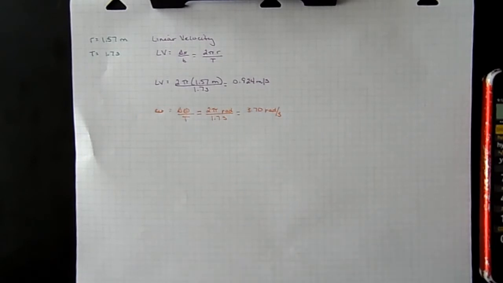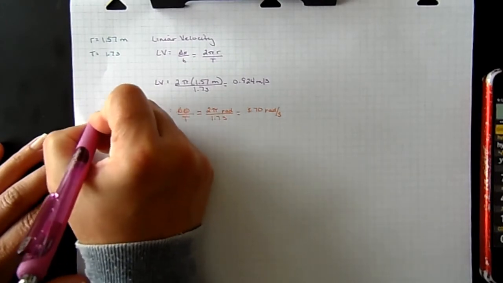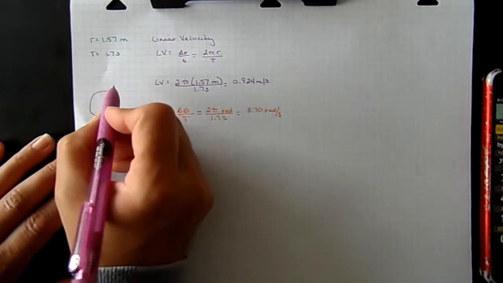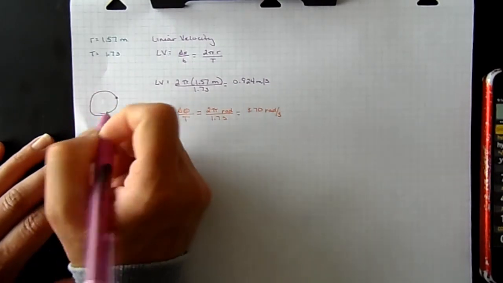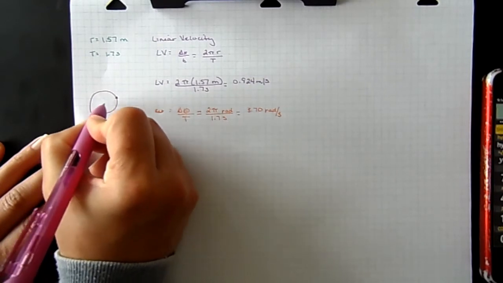And then we have our tangential velocity. So the tangential velocity, remember when we drew a circle? Oh gosh, this is going to be a terrible circle. I can't draw circles. So here's a circle. And if we are right here, the linear velocity is that distance around.